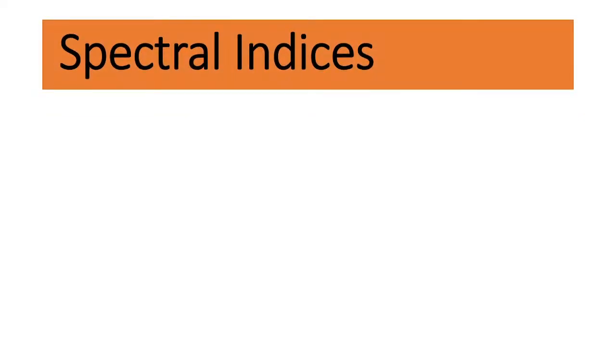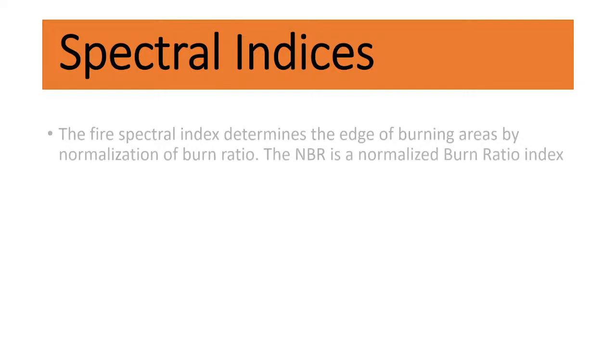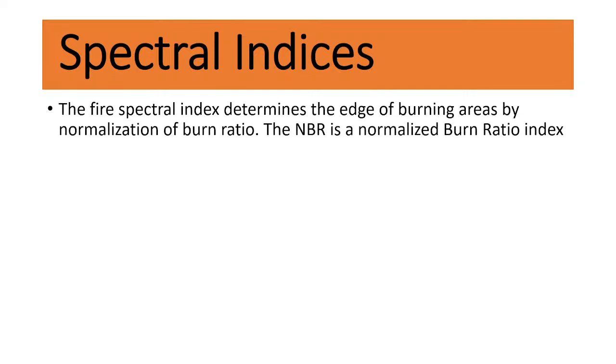First of all, spectral indices. Mainly the fire spectral index determines the extent of burned areas by the normalized burn ratio, or NBR. This is the formula for the normalized burn ratio: near infrared minus short wave infrared, divided by near infrared plus short wave infrared.